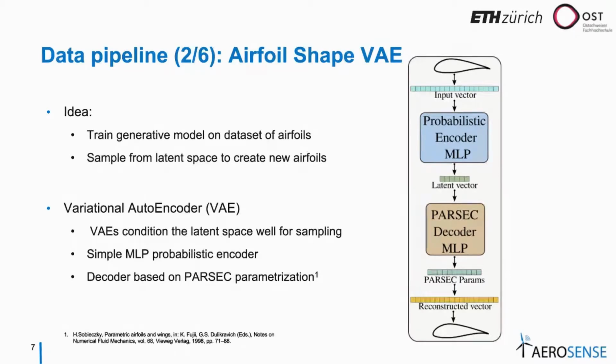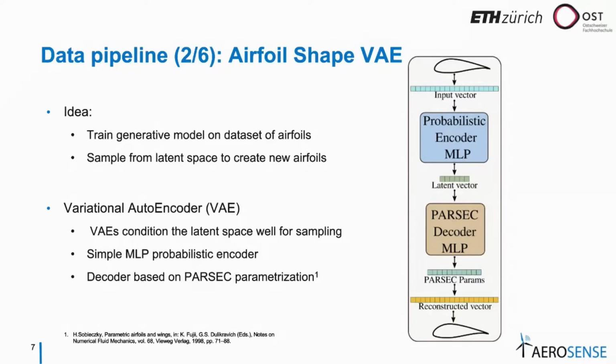And why choose variational autoencoders? Well, VAEs are good for generative purposes, as they condition the latent space quite well for then sampling out of it and creating these samples from the latent space.